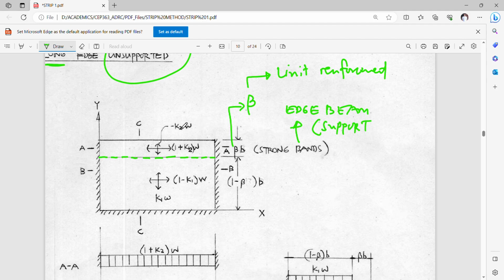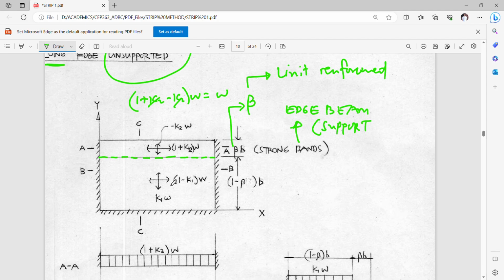Okay, so if this is minus K2, then an additional load in this direction will be added to the load W. Take note that 1 plus K2 minus K2 will simply be equivalent to W. Okay, so this will cancel out.